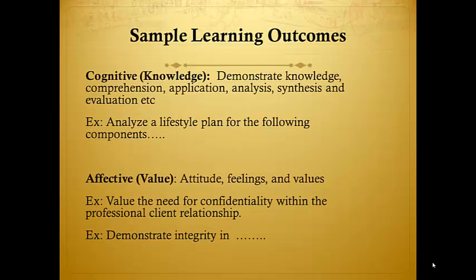So an example could be analyzing a lifestyle plan for the following components. A second type of learning outcome would be a value outcome, and that will look at the student's attitudes, feelings, and values. So an example would be value the need for confidentiality within the professional-client relationship.